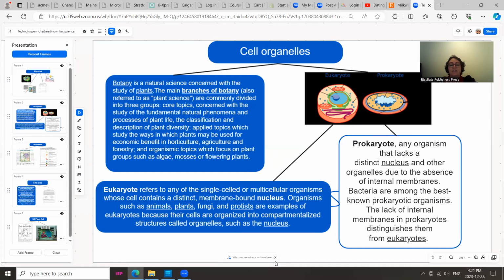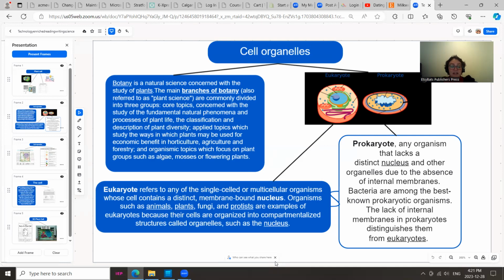Botany is a natural science concerned with the study of plants. The main branches of botany, also referred to as plant science, are commonly divided into three groups. Core topics concerned with the study of the fundamental natural phenomena and processes of plant life, the classification and description of plant diversity.